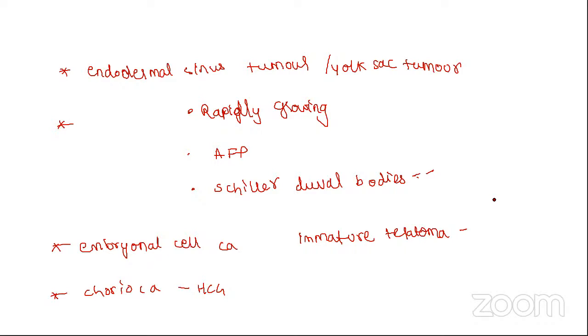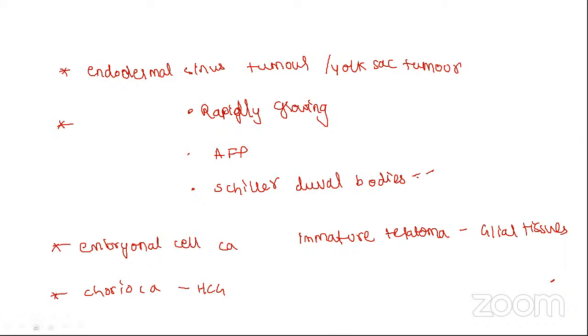Earlier, the most common malignant germ cell ovarian tumor was dysgerminoma, but now the most common malignant germ cell ovarian tumor is immature teratoma. Immature teratoma is associated with glial tissues, neuronal components. Okay, so this is regarding the germ cell ovarian tumors.